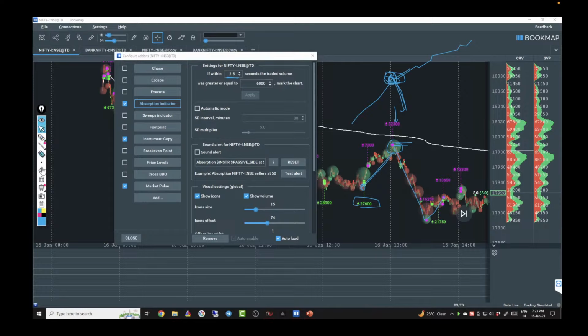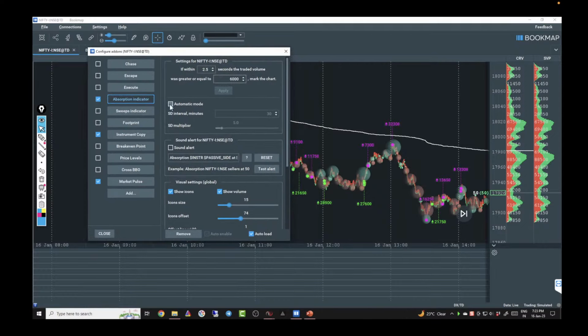All right, here the second piece of information is the automatic mode. Right now we are controlling these quantities with the manual setting, but we don't want to involve manual input. That's the reason why an automatic mode is given. So how does it work? Presently we are looking at a 30-minute chart. That means we look at the past 30-minute data for 0.1, and then there is a multiplier.